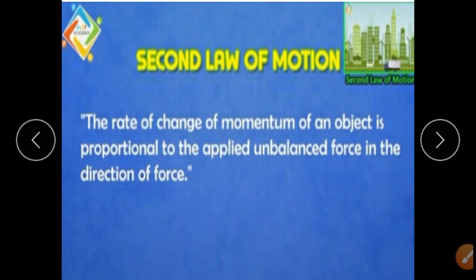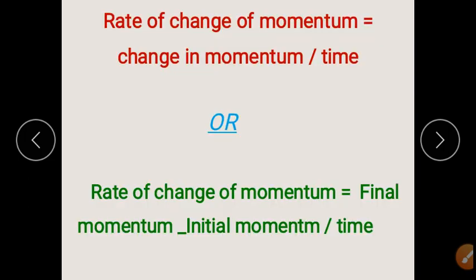Do you know what is rate of change of momentum? Rate of change of momentum is a quantity which is obtained when you divide change in momentum by the time. That is, rate of change of momentum equals change in momentum divided by time. What is change in momentum? If we want to find change in a particular value, we have to subtract the initial value from the final value.